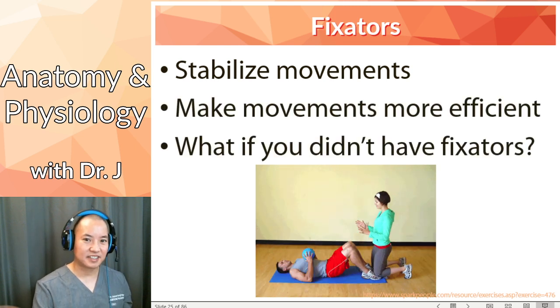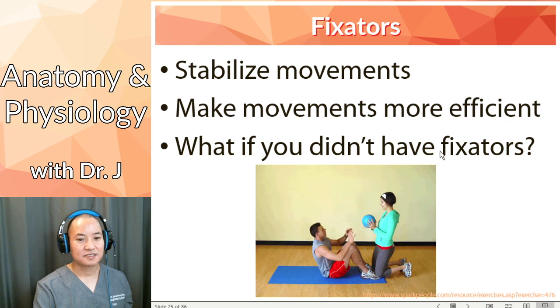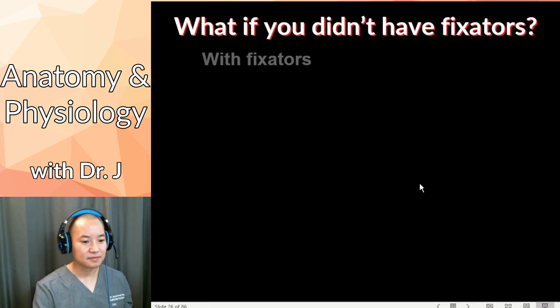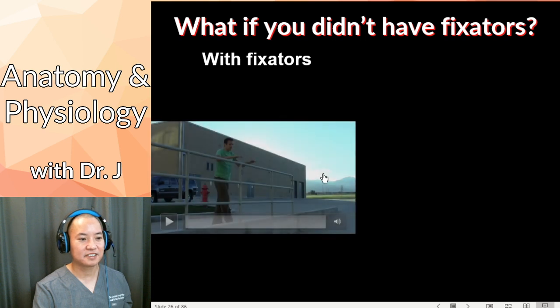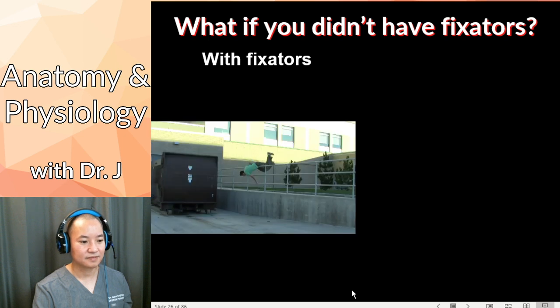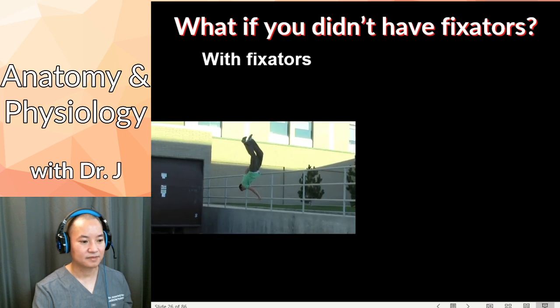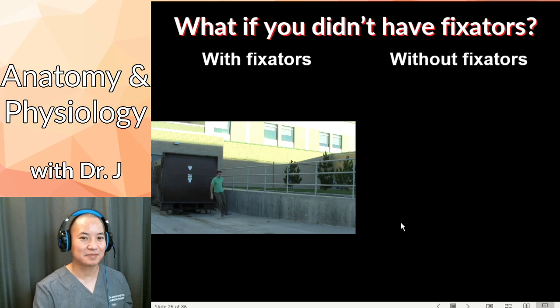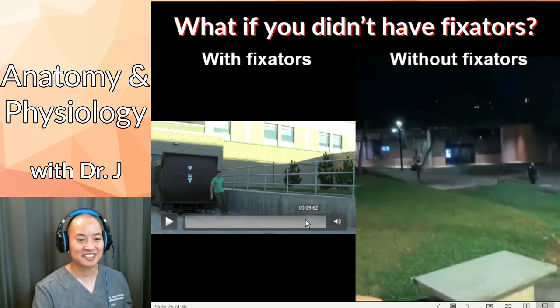But what if you didn't have fixators? Let's do a little example. With fixators, here's someone hopping a fence. Now, here's someone trying to jump a fence, but they don't have their fixators engaged.